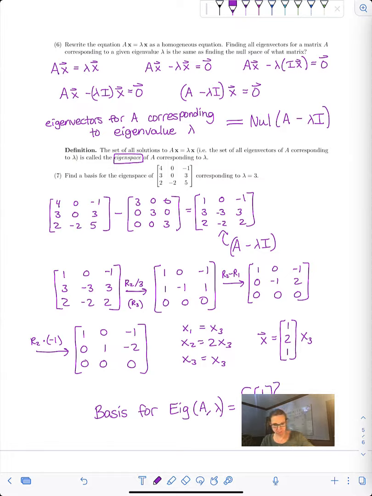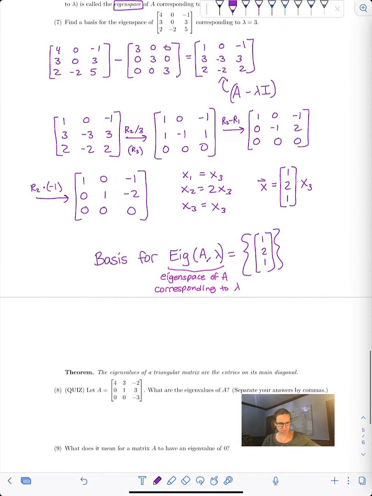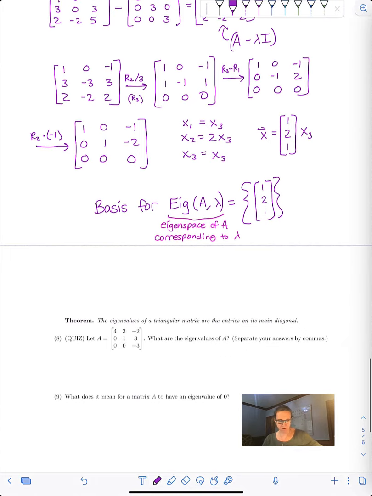And this is an abbreviation for eigenspace of A corresponding to lambda. I don't think your book actually uses that specific abbreviation, so you might not see it there, but you might see it in other places.